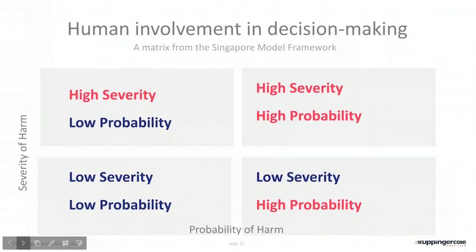So remember that AI is often used for repetitive tasks that may not carry critical weight, things like recommending the next purchase. If the system were to malfunction and start suggesting irrelevant items to purchase, it would be annoying, but the severity of harm is quite low.